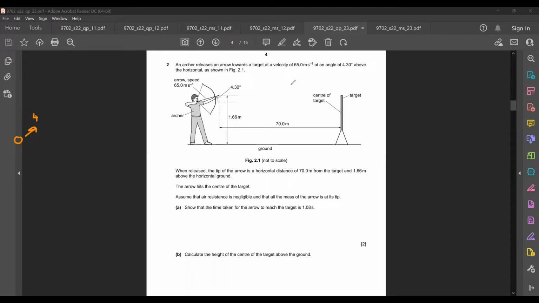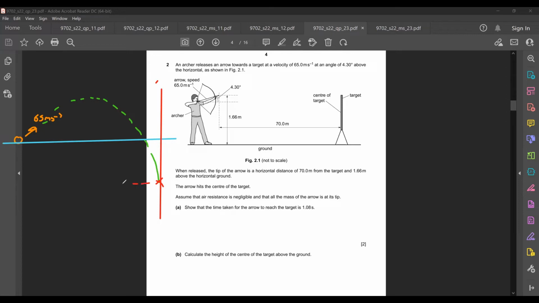This one is 6.65 meter per second. I fired it, it went up, and then it went all the way down. Okay, this one was my starting position just now. And then where I hit the target was here just now. Okay, this one is my target.